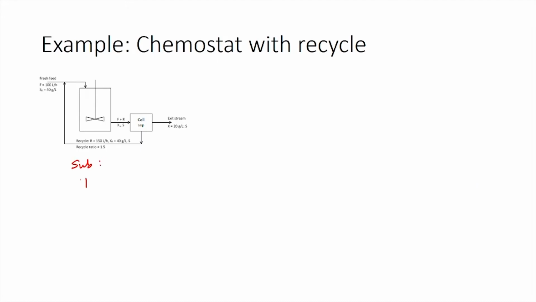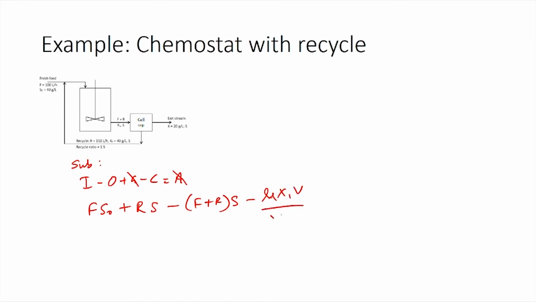So, for the substrate balance, again it is input minus output plus generation minus consumption equals accumulation. No consumption or generation for the substrate. So, you are left with only input, output and consumption. Input for substrate would come through both the fresh feed and through the recycle stream. You have F S naught through the fresh feed plus R times S in your recycle feed, and you have exit stream as F plus R times S, and you would have consumption given in terms of mu x1 V divided by y xs.